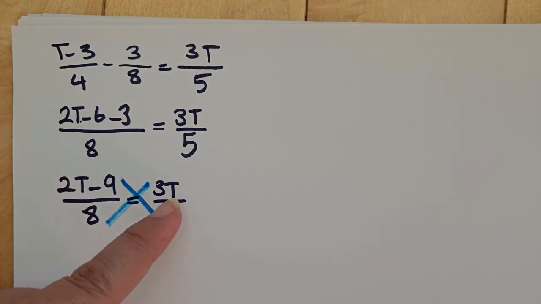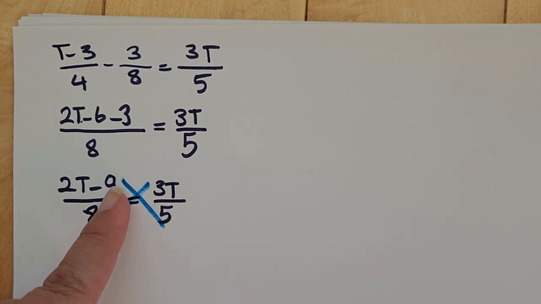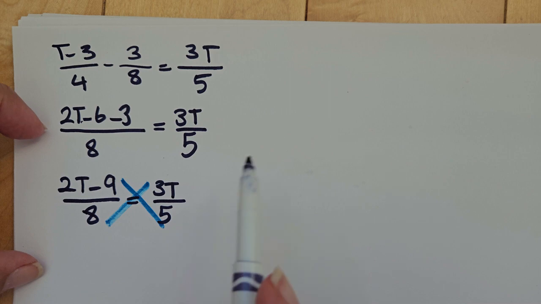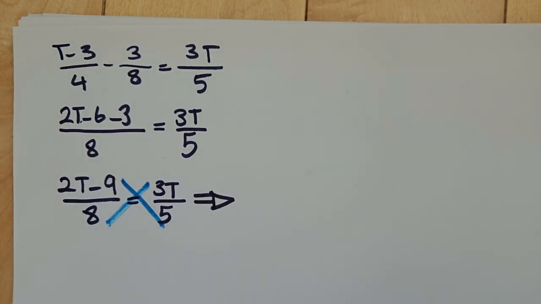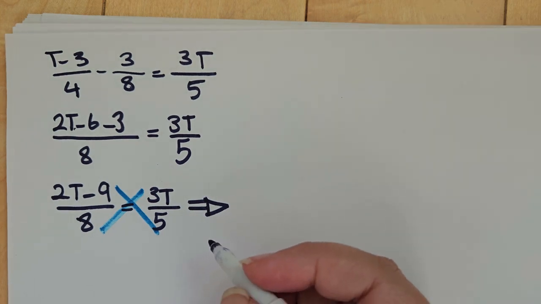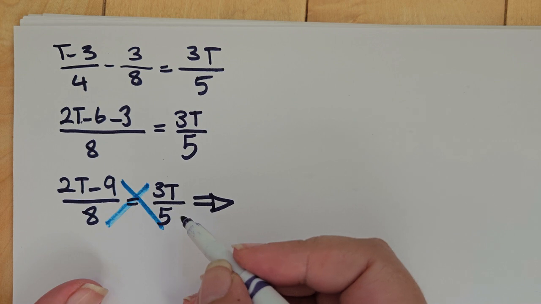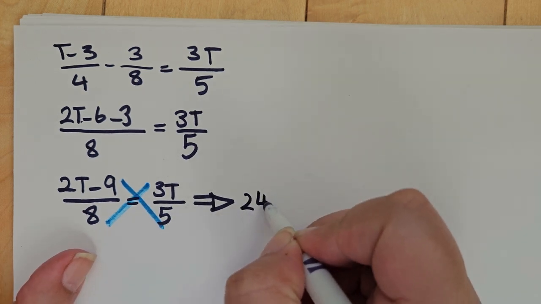Another method would be moving this fraction to this side and doing common denominator, which I really do not recommend, just because when you're doing cross multiplication, you might be able to cancel the common factors and make it simpler. So that would be 8 times 3t, which is 24t.